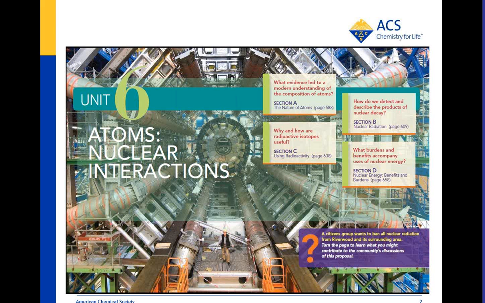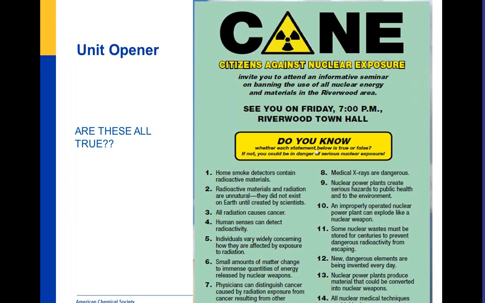All of our units start with these purple boxes at the bottom that ask the students to think about a question. It says the citizens group wants to ban all nuclear radiation from this fictional town of Riverwood and its surrounding area. And that is how the unit is going to be introduced. There's this flyer from this company called CANE, Citizens Against Nuclear Exposure, and they want to ban all nuclear radiation in the entire town.